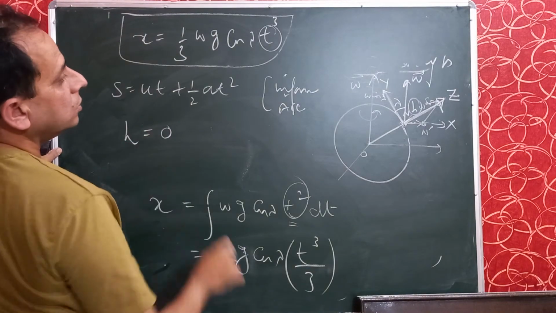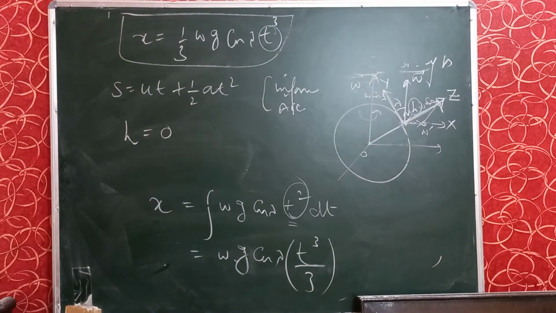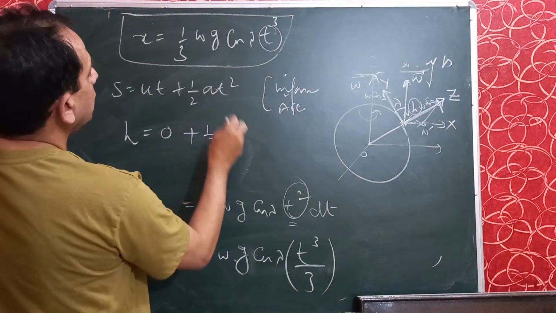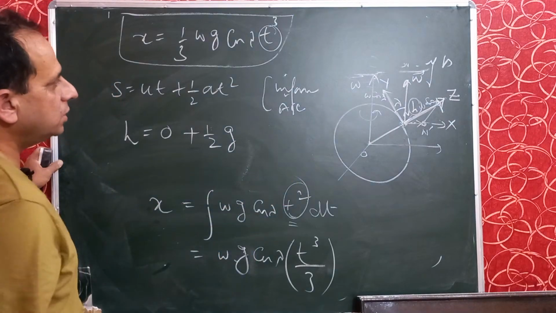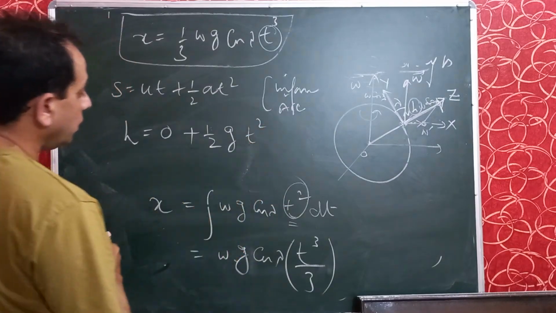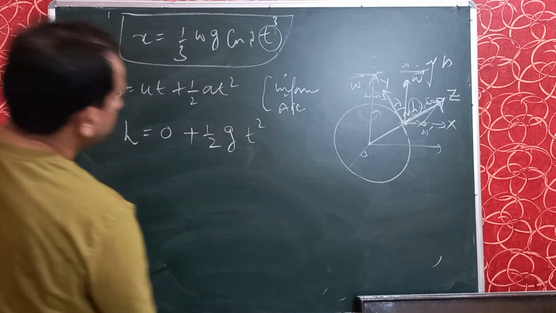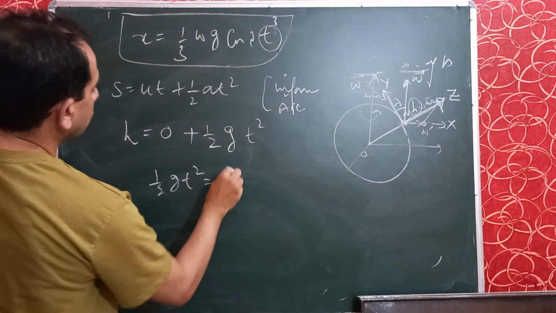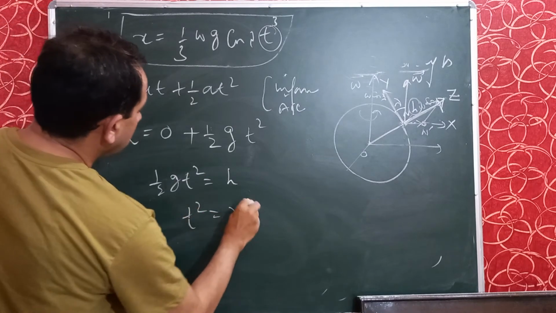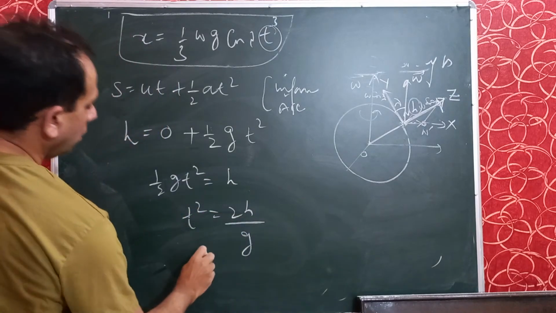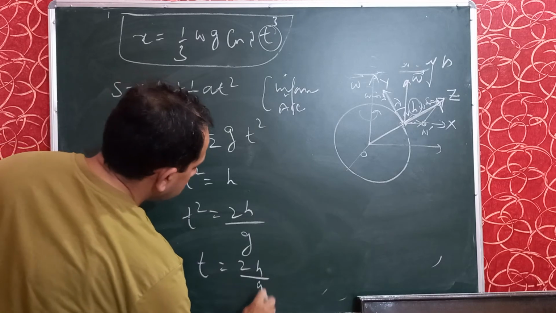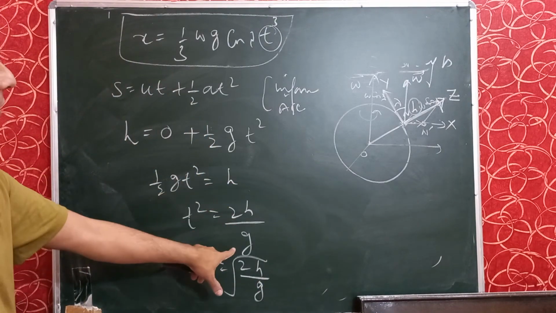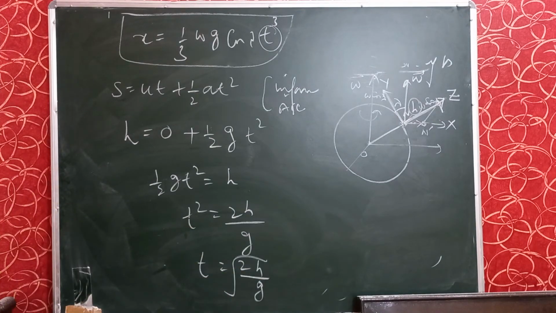U is again 0 because initially the body is dropped from rest, and a becomes g because it is moving under gravity. So half gt square is equal to h, or t square is equal to 2h upon g, and t becomes the square root of 2h upon g.